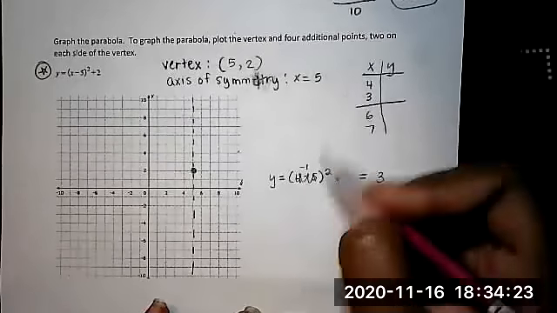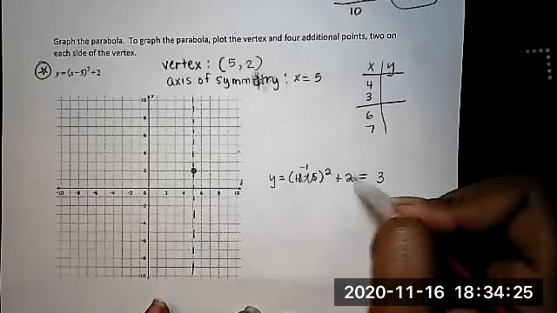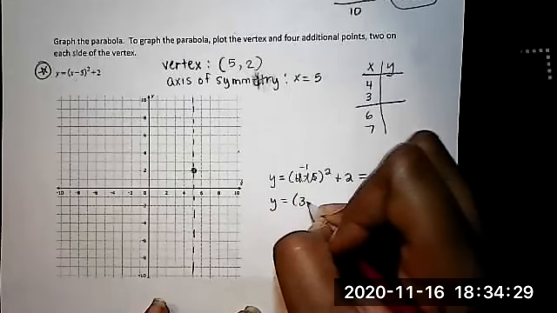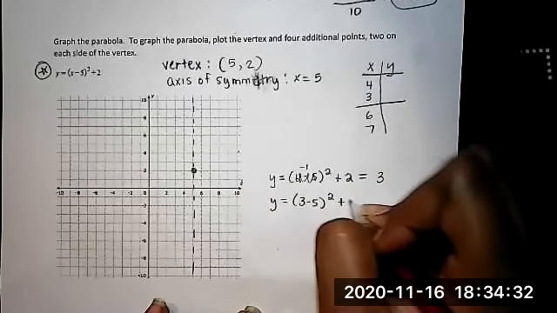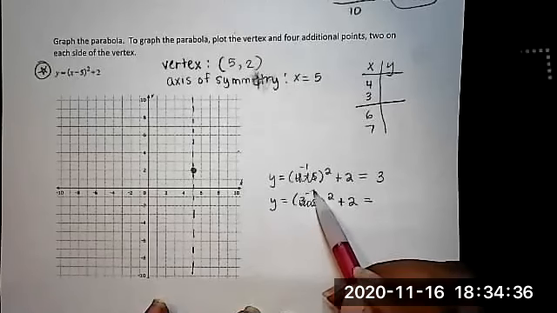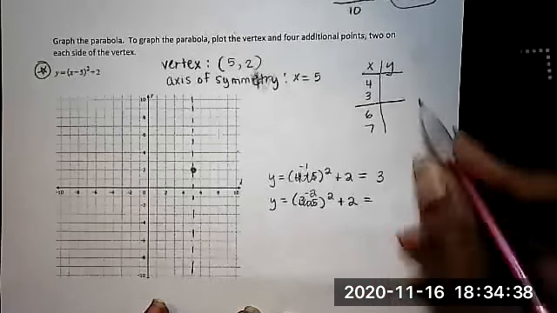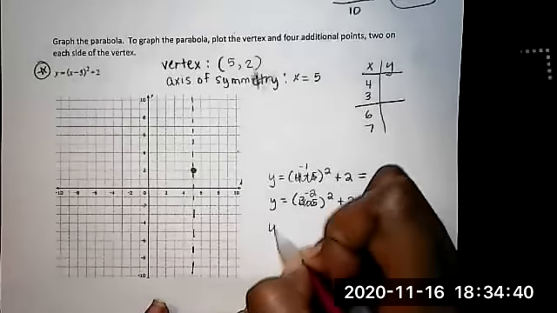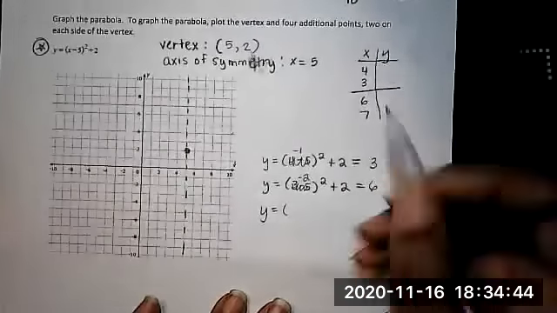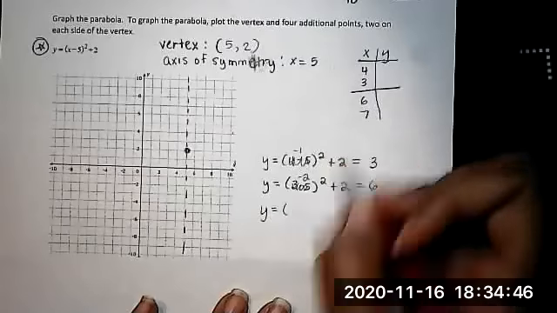So -1 squared became +1, plus 2 is 3. Now y equals 3 minus 5 squared plus 2. 3 minus 5 becomes -2. -2 squared is 4. 4 plus 2 is 6. Okay, and you don't have to do it this way. You can just put it in your calculator if you want, but I'm going to do it this way in my head. This now I'm using 6.